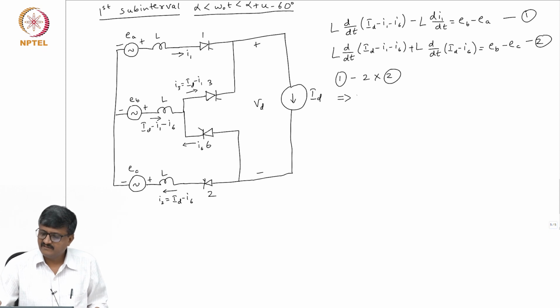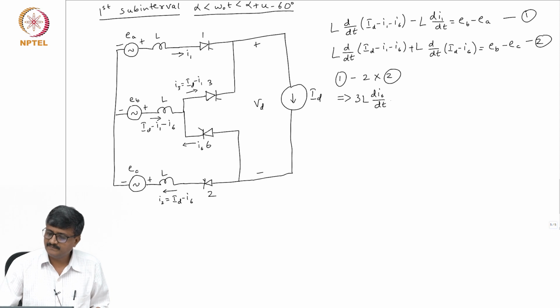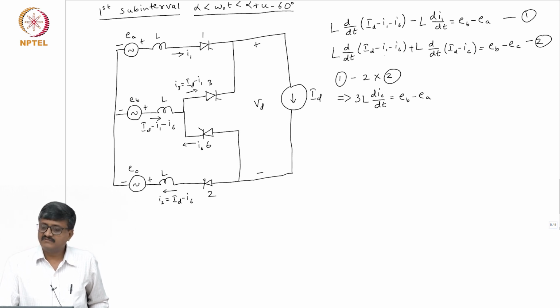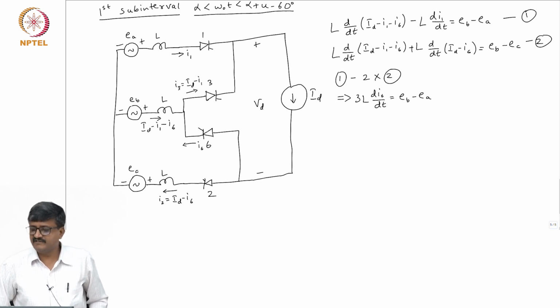So, I get 3L di6 by dt equal to EB minus EA. You see that, the derivative of ID with respect to time is 0, ID is a constant. So, the purpose of this manipulation is to get rid of I1, one of the quantities. So, I get the equation in terms of I6.